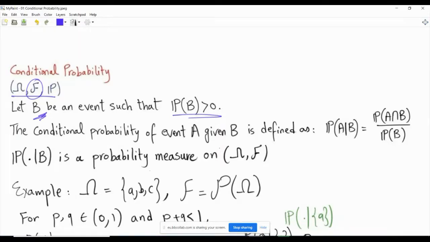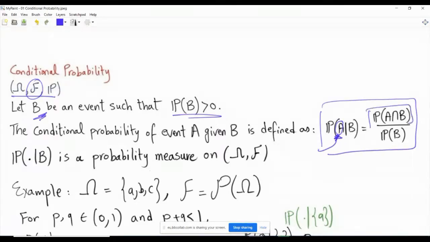So we define the conditional probability measure given B as follows. If we want to compute this probability of some A, that is another event, another subset of big omega included in the sigma algebra, then this is how it's defined.